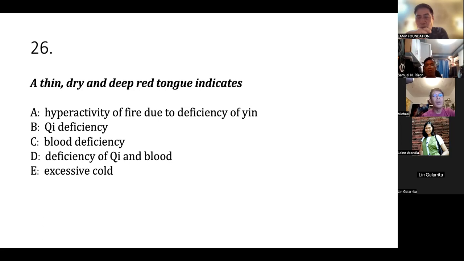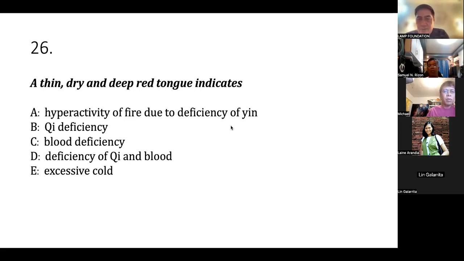And then, what will happen after yin deficiency? Let's say, after 10 years, yin deficiency pa rin. Anong mangyayari? Dry na. There will be empty heat, right? Ibig sabihin, meron na tayong deficiency heat. Anong next sa heat?